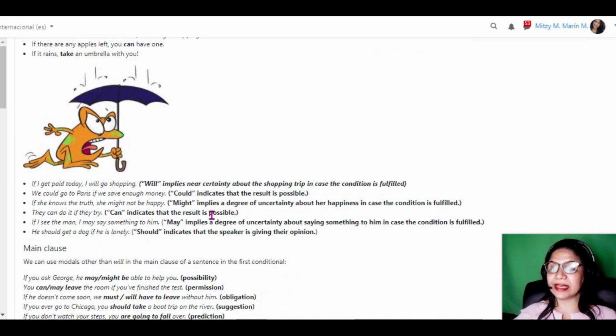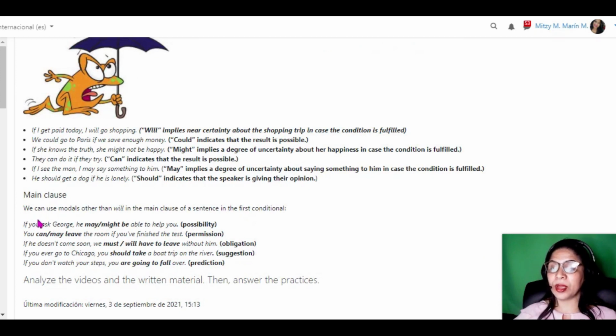Also, we can see here some extra information related to when we can use modals other than will in the main clause of a sentence in the first conditional. And remember that the modals tell us different things: possibility, permission, obligation, suggestion, prediction, and we have this information here, okay, as extra information. If you ask George, he may or might be able to help you. This is a possibility.